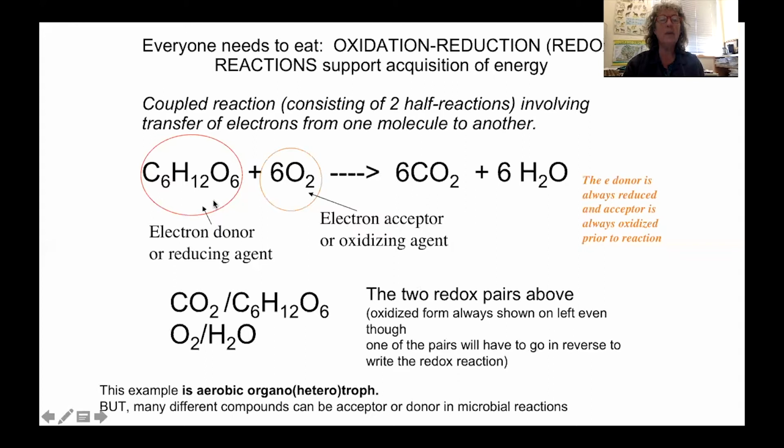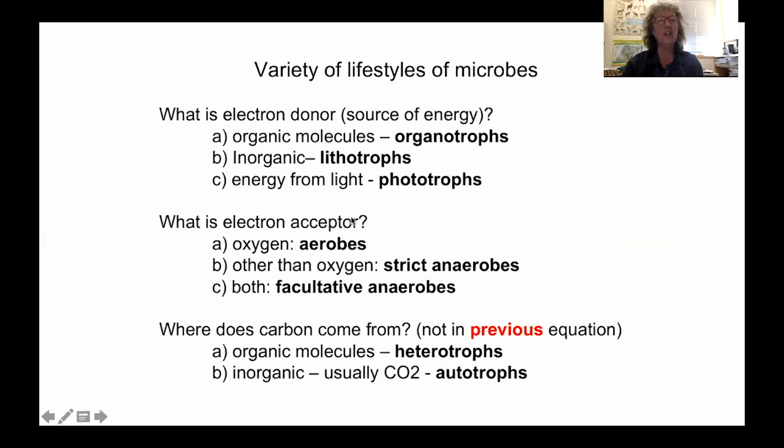But the cool thing about microorganisms is, unlike us, they actually can use a whole variety of different compounds as donors and a whole variety of different compounds as acceptors. They're not just stuck with organic compounds and oxygen. So let's talk a little bit about this variety of lifestyle of microorganisms.